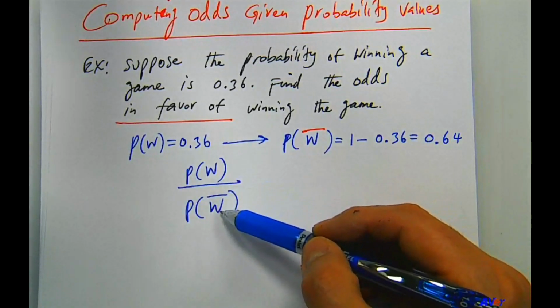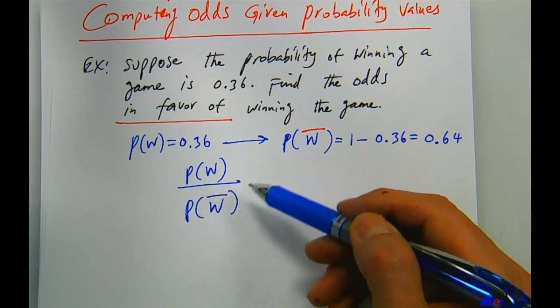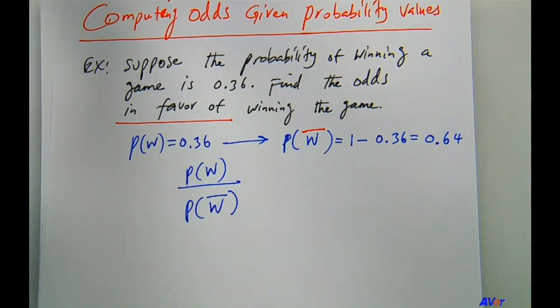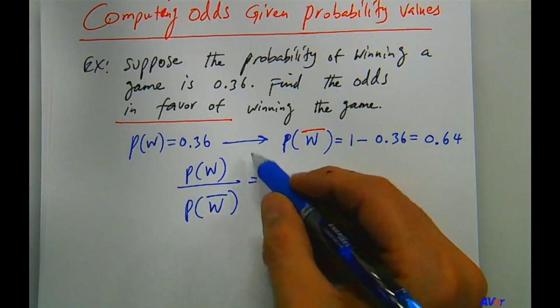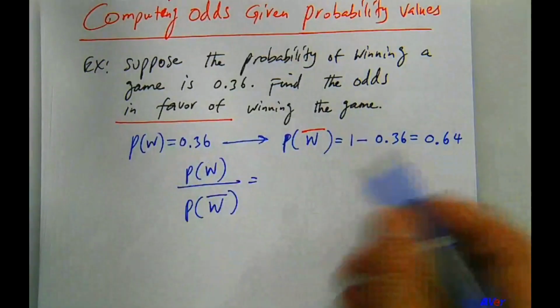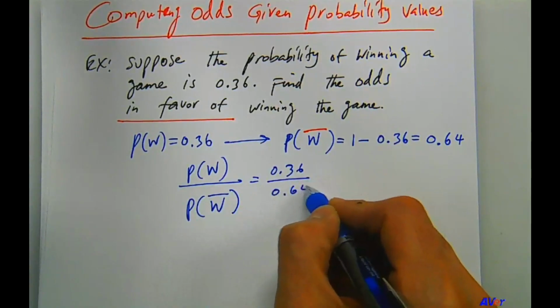So then probability of W bar would be divided by probability of winning. So whatever we're looking for, whatever odds we're looking for, is in the numerator, and the complement is in the denominator. This time we're looking for in favor of winning. So 0.36 divided by 0.64.